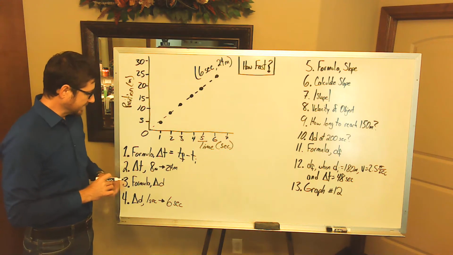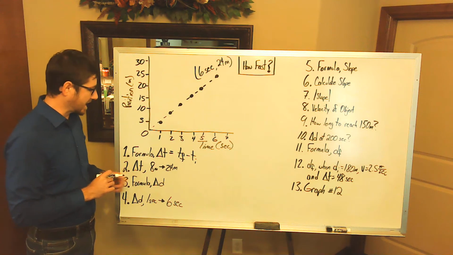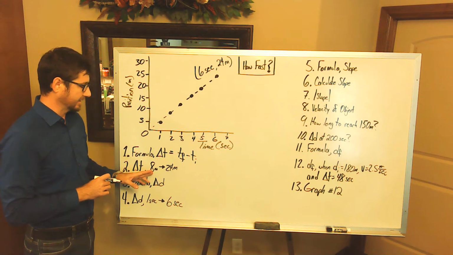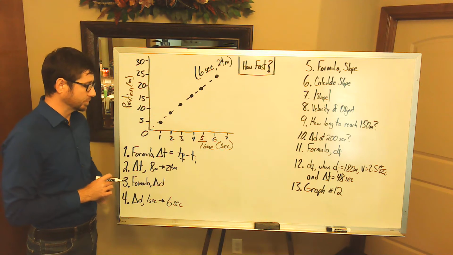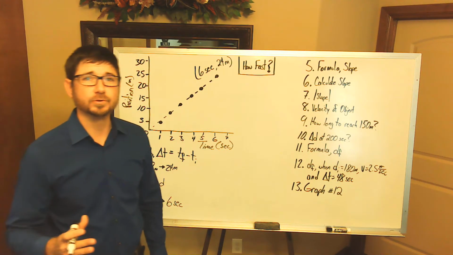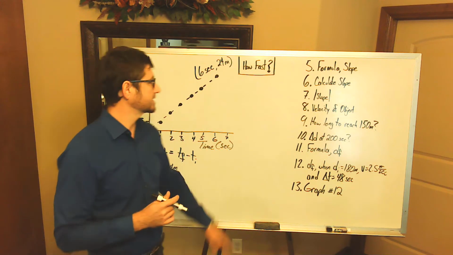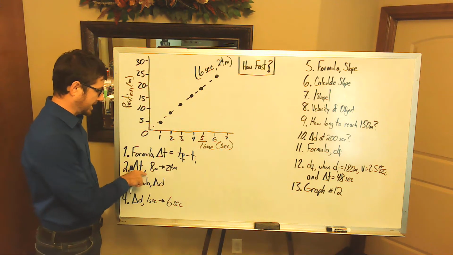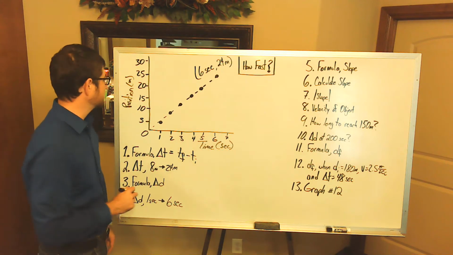Number two, it wants us to calculate the time interval when the object is at a position of 8 meters and moves to a position of 24 meters. So what we're going to do here is take a look at our position time graph. We're first going to locate a position of 8 meters.